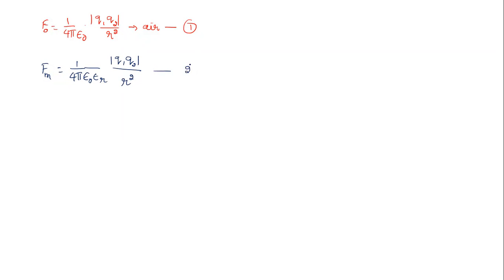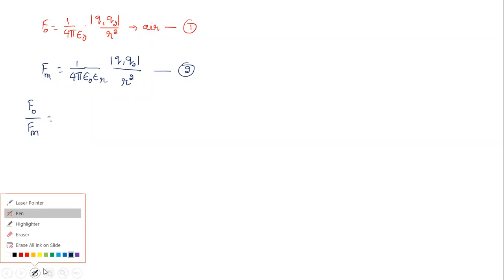Let us take equation number 2. Now what do we do? We divide these two equations to know how these two are related. If I take F naught divided by Fm, what is going to cancel?